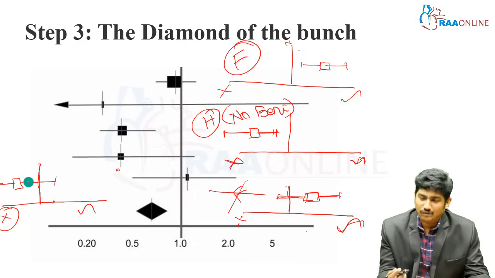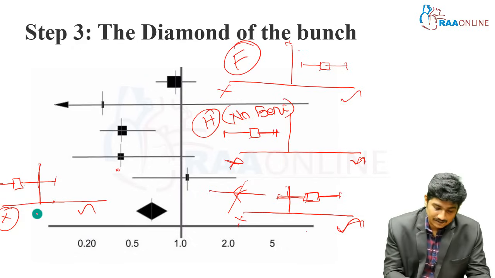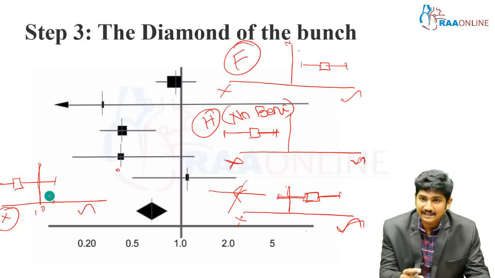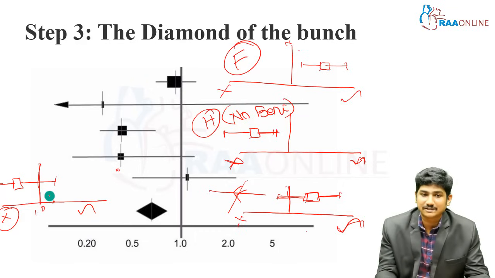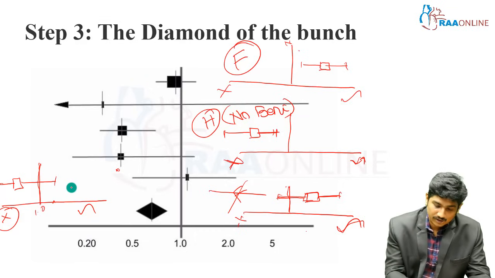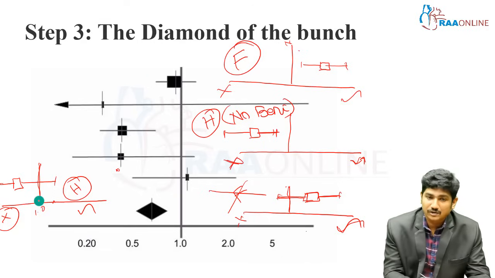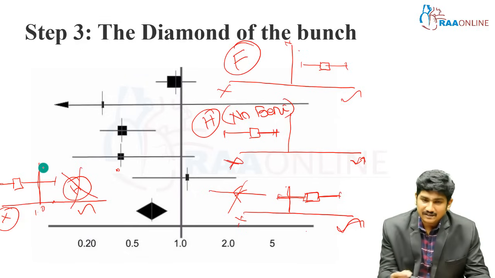It means that whatever result you are getting could be just by chance. So the 1.0 or the 0.0, the null line, that means neither benefit nor harm, still lies within your 95% confidence interval. So though it is showing harm or no benefit, this cannot be taken because the null line is well within your confidence interval.